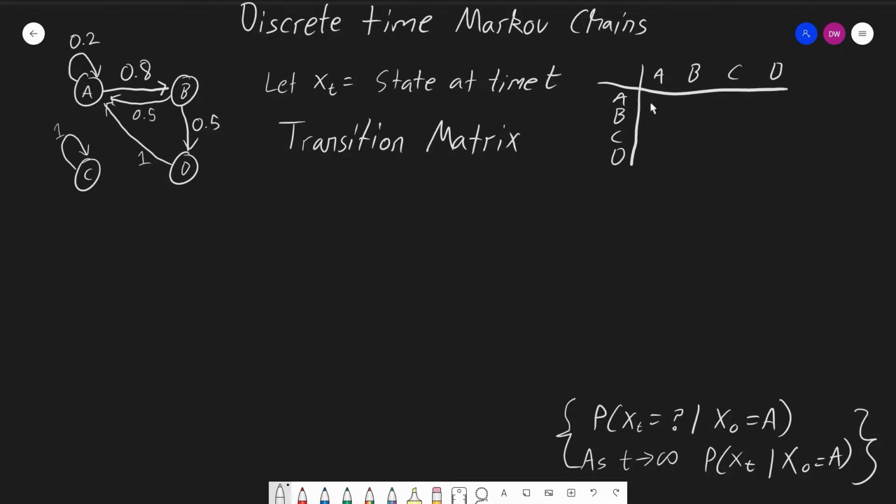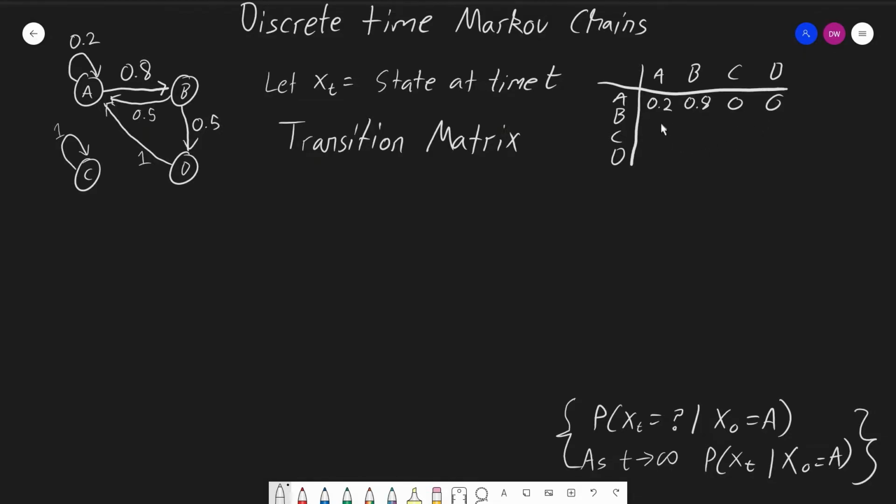All right, so the chance of staying at A, given that you are at A, is 0.2, right? The chance of getting that food twice in a row. The chance of having A the previous day and then going to B is 0.8. And if you look, A has no other connections to C and D, so we're just going to put zeros there.